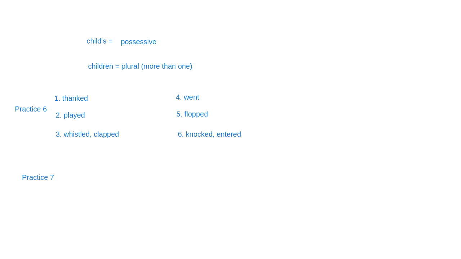So for practice 7, we can have number 1, underline looks. Number 2, underline is. Okay, I'm looking on page 141 and 142. Number 3, underline be.